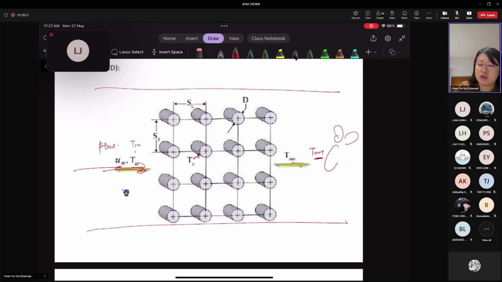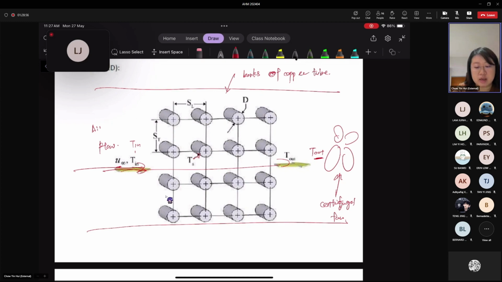So in the forced convective heat exchanger, sorry for my drawing, you have a centrifugal fan at the bottom that will draw in the air. The air then passes through banks of copper tubes. These copper tubes are connected to the heater, so they will heat up and be held at a certain surface temperature Ts.